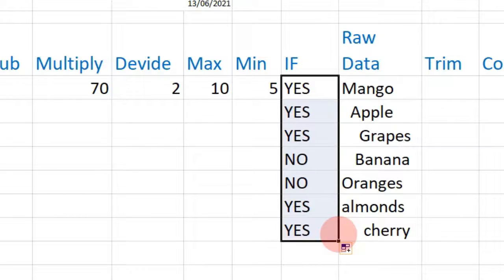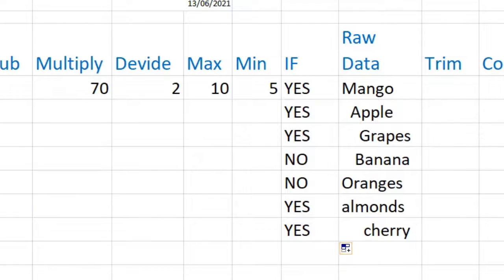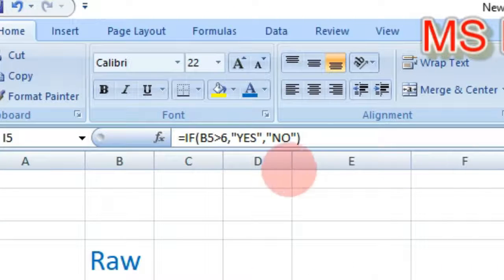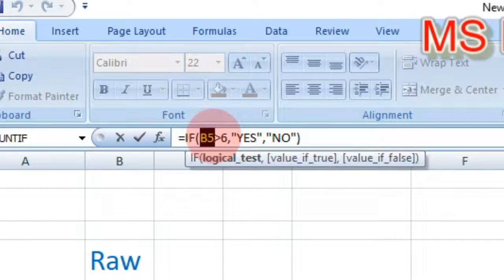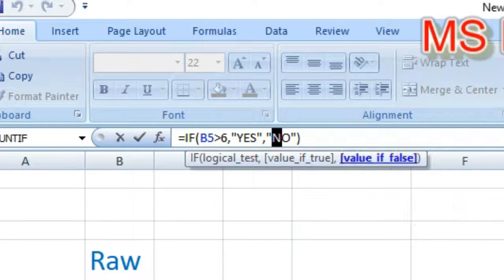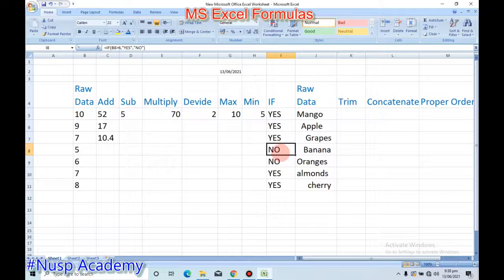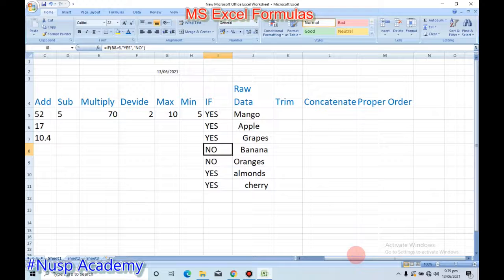Now we have 5 numbers which are greater than 6, and 2 numbers, 5 and 6, which are equal to or less than 6. We actually wrote the formula here that if cell B5 is greater than 6, then write yes, otherwise write no. So this is the answer. Let's move forward.